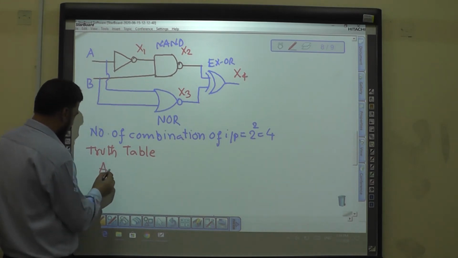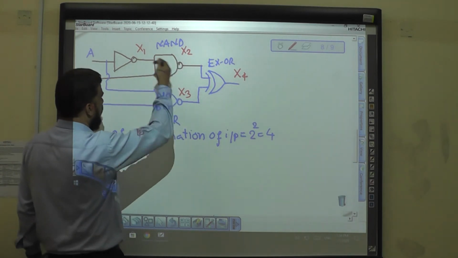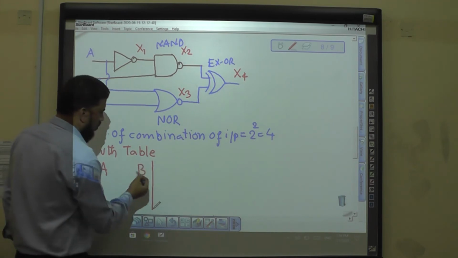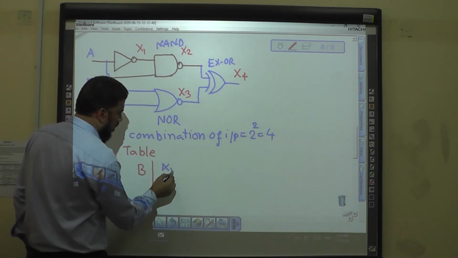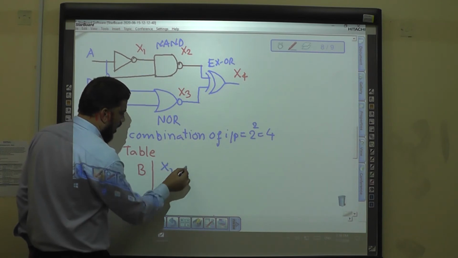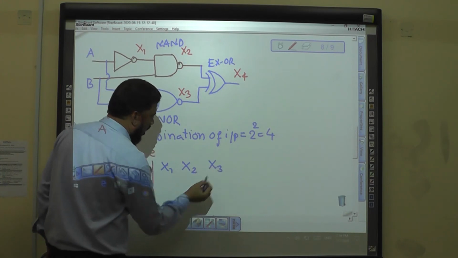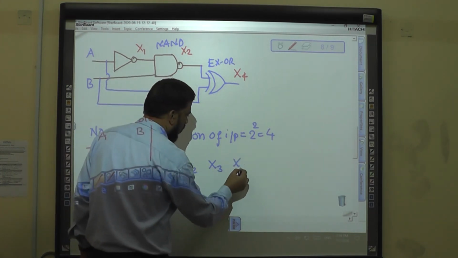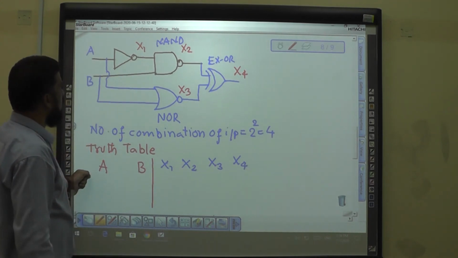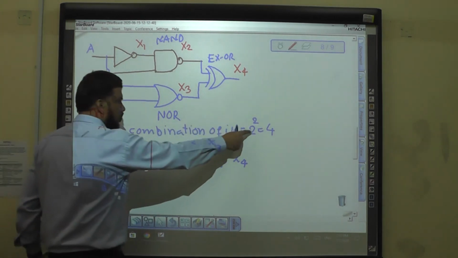So the truth table we can write as A, B. Now how many outputs do we have? These are the inputs: A and B. And the outputs are X1, X2, X3 and X4. We have 4 outputs. The number of combinations, as I told you, is 2 power 2, equal to 4.